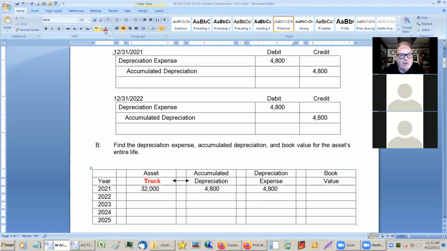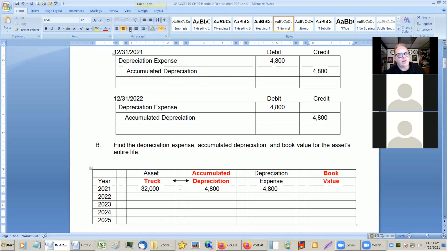Now, the book value is the truck minus the accumulated depreciation. So 32,000 minus 4,800 will give you that.